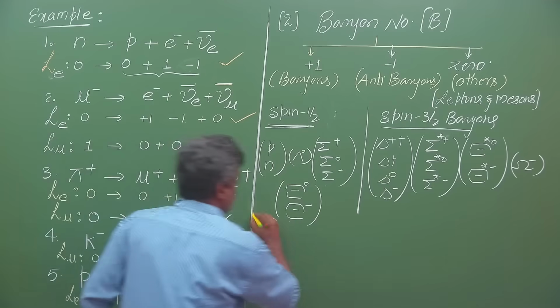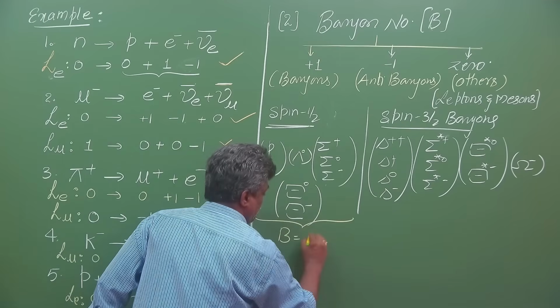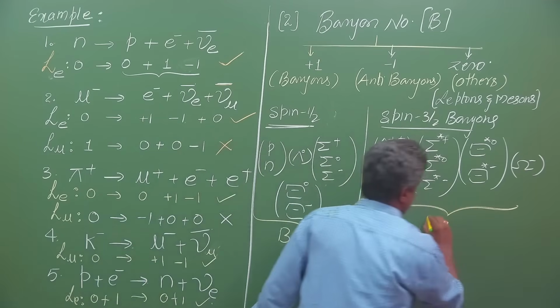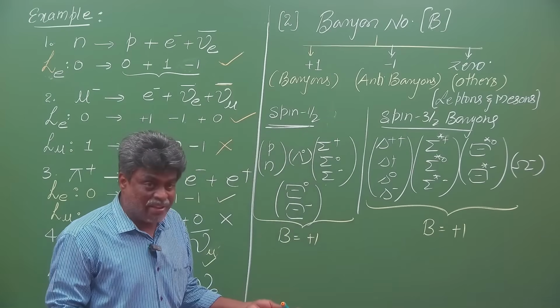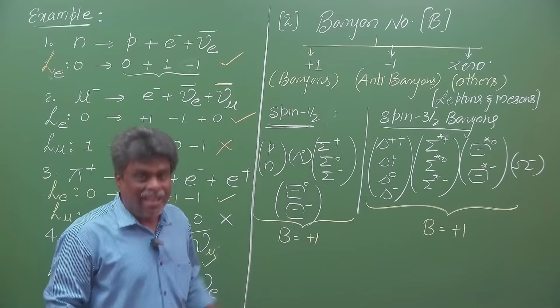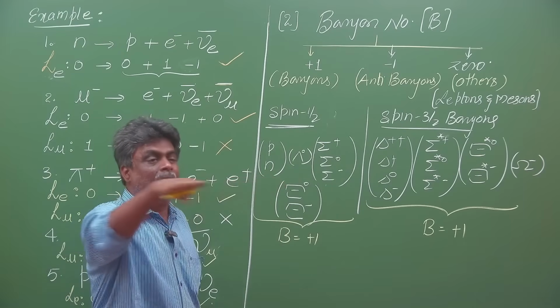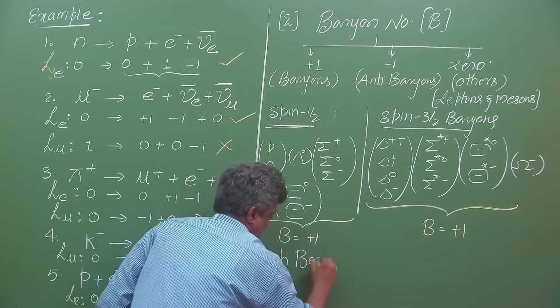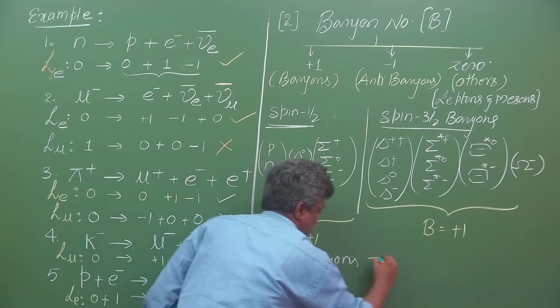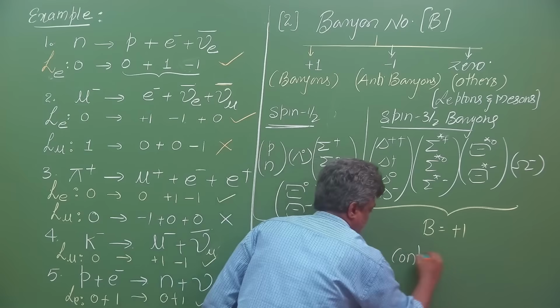For all these things, baryon number B is equal to 1. Then what are anti-baryons? Anti-baryons contain a bar.